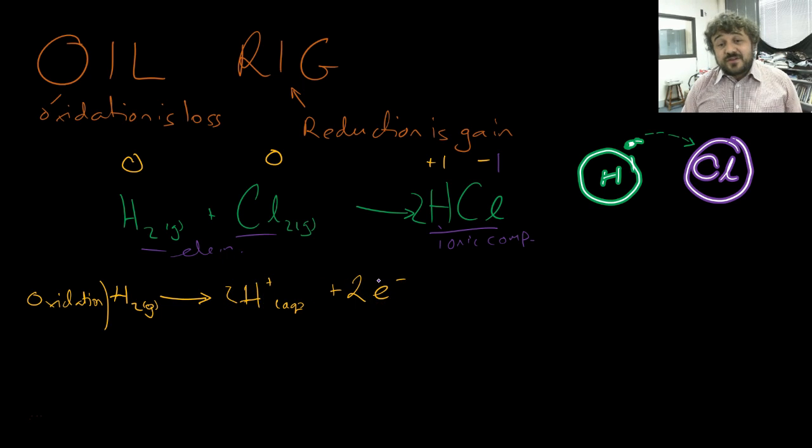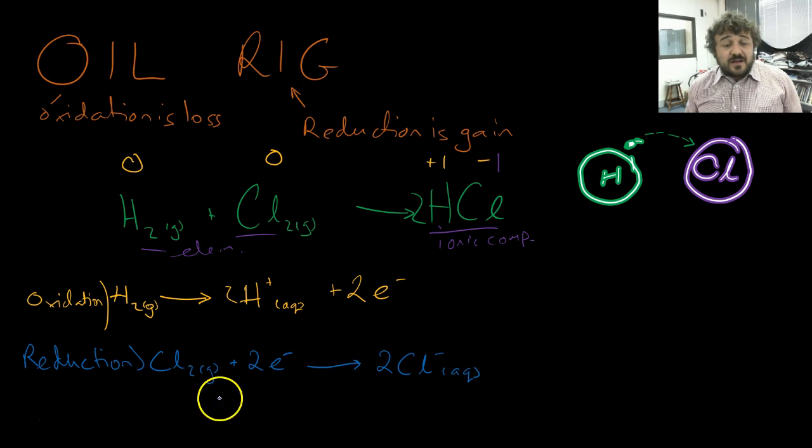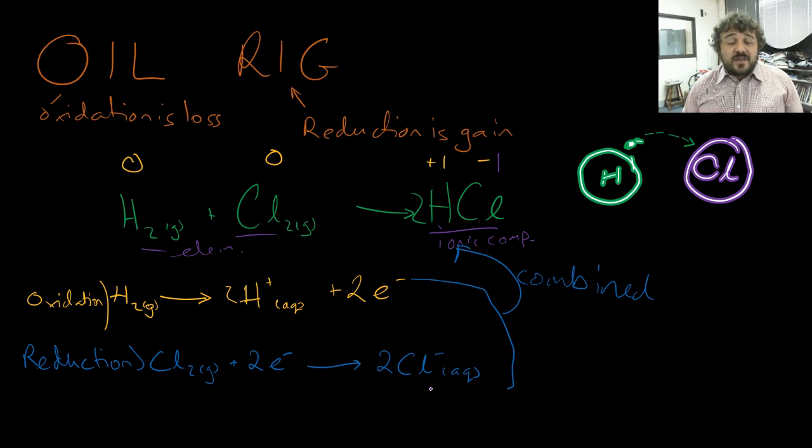Then we have the reduction. Reduction is gain. So here's the chlorine, and it's taken on these 2 electrons, and you've now got Cl-. So oxidation is loss, reduction is gain. We then combine these 2 equations together to give us the total equation. These are the ionic half equations.